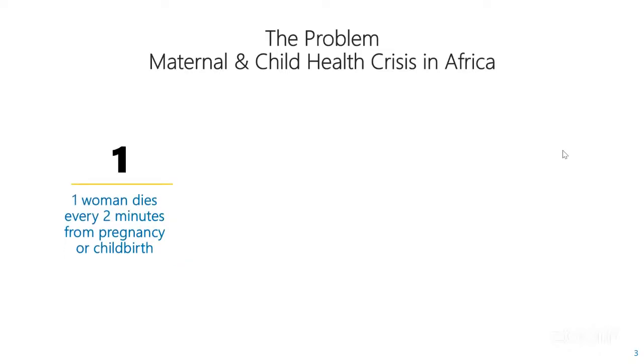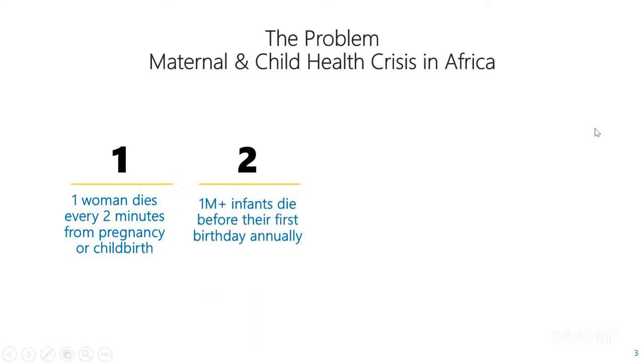And the problem we're trying to solve is the maternal and child health crisis in Africa. One woman dies every 2 minutes from pregnancy or childbirth. And we have 1 million plus infants who are dying before their first birthday.